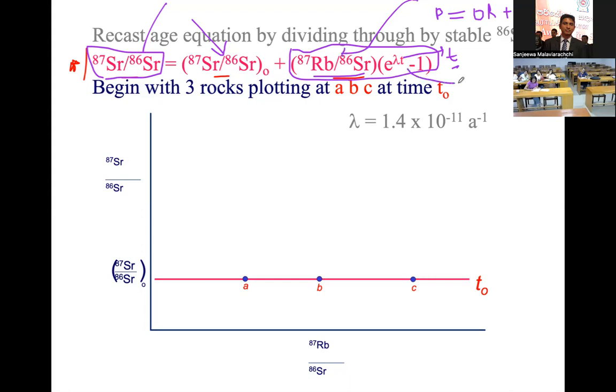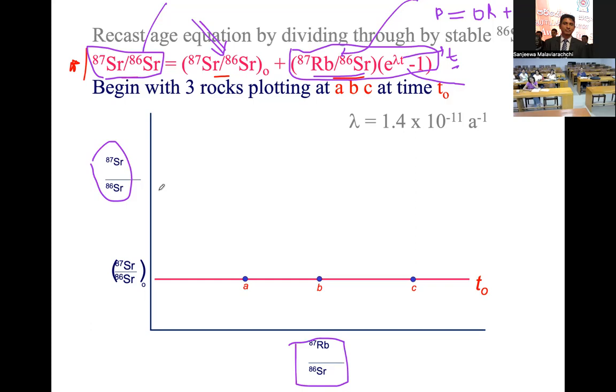It should be represented by this term, and c, that is the intercept, should be this one. So for the x and y variables, x is rubidium-strontium ratio, and y is strontium here. So this is a y equals mx plus c type equation.